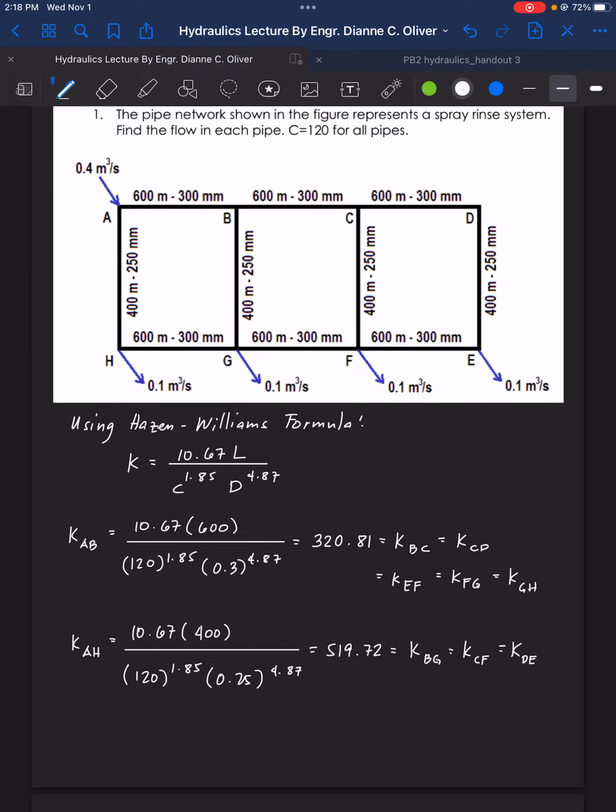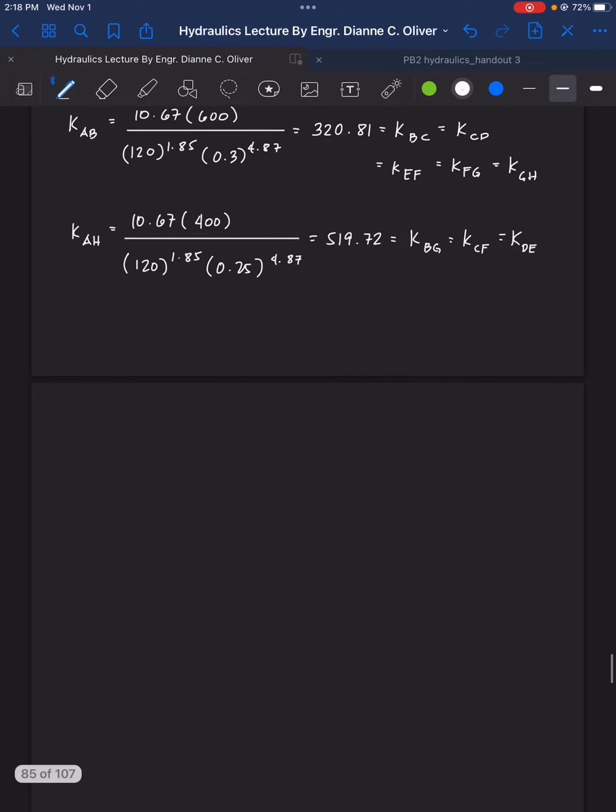There. So since we already have our values of K, now we're going to proceed to the correction.